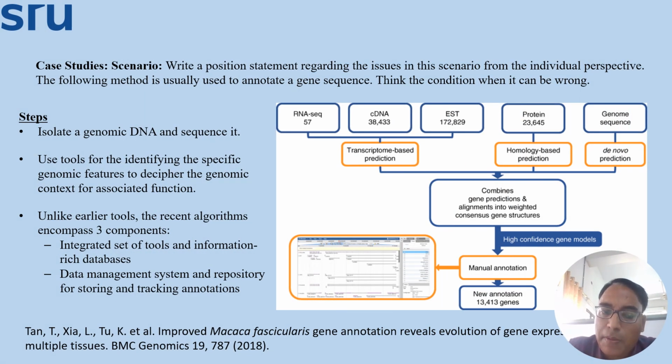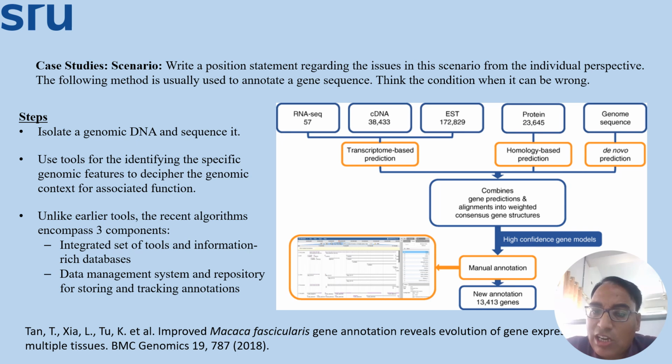This is a recent paper, a 2018 paper, where whatever terms we have discussed, they have used all of them and then shown that they have annotated 13,413 genes. They changed the annotation. Whatever the earlier function was was found to be wrong, so they corrected the function. Okay.